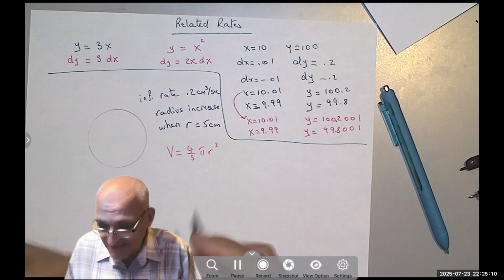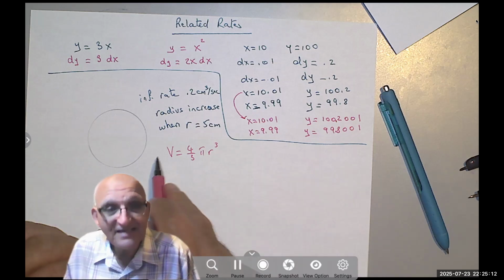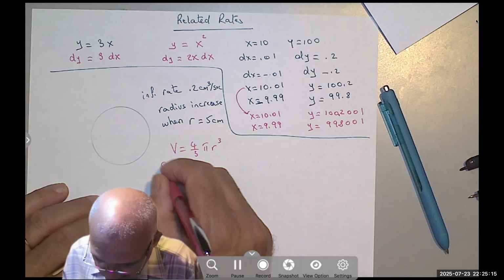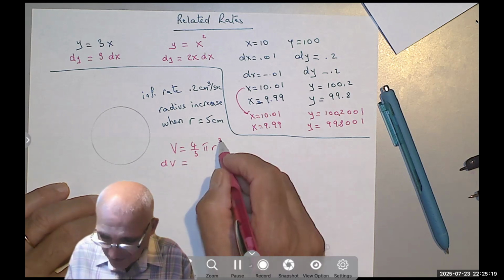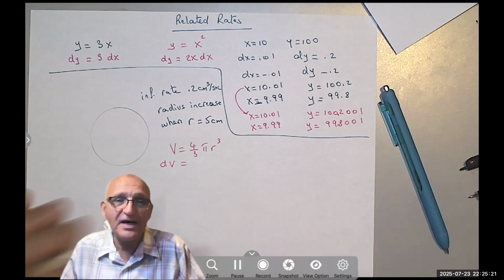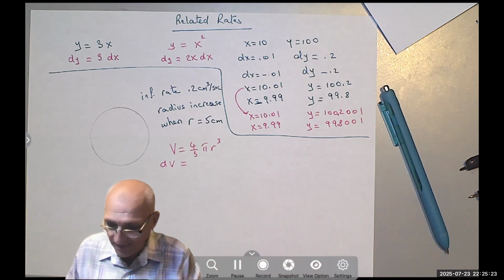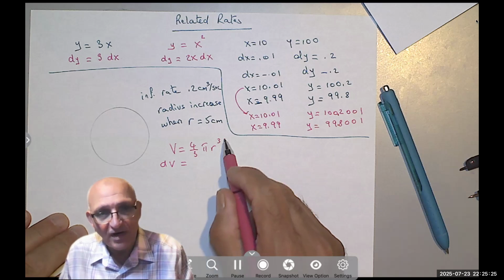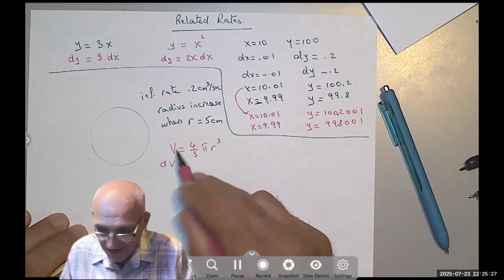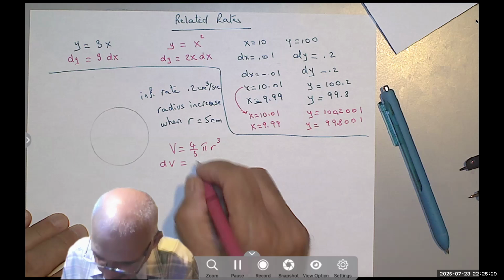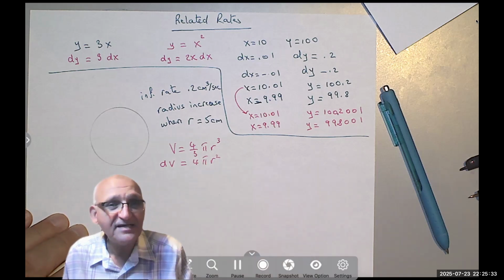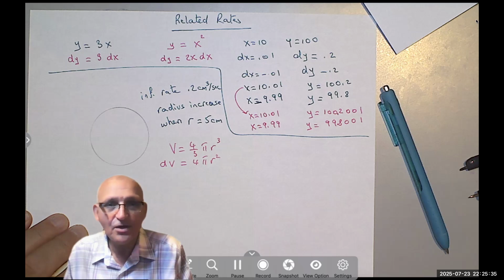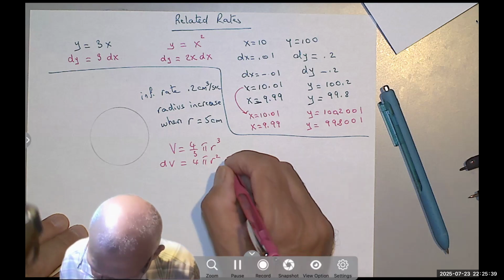So if I take the derivatives, the left-hand side becomes dV, the right-hand side, 4/3 pi is a constant. So you multiply that by the derivative of r cubed, which is 3r squared. So the 3 and the 3 cancel. So you get 4 pi r squared. Is that it? No, that's not correct.